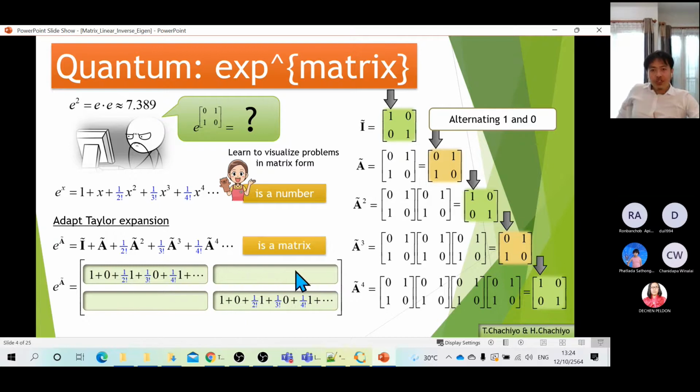For this, we have the same concept, but the 0 and 1s switch, okay? And therefore, we begin with the 0 and then 1 and 0, and so on. And this here, we have the same number as the other one here. So it's very simple, and that will be the answer for the exponential function of a matrix, okay?